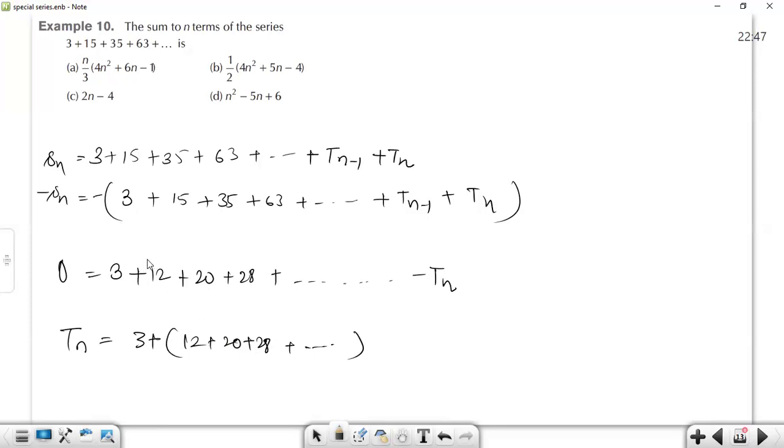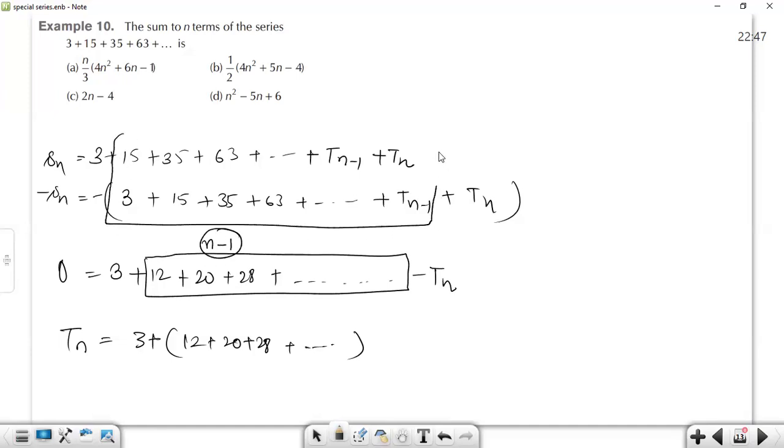Now 12 plus 20 plus 28 and so on. If we observe this sequence only, how many terms are there? There have to be n minus 1 terms. Why n minus 1 terms? Because we are considering these differences only. One term was left.